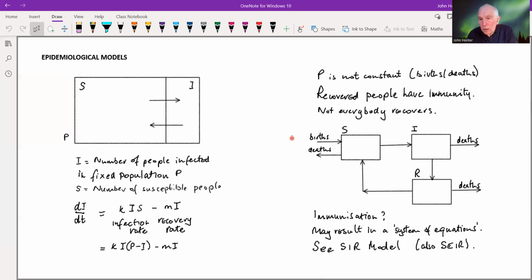With a more complicated model like this, we might end up with not just one differential equation, but a system of differential equations, and then the solution to that is more complicated and beyond what we're doing in A level.